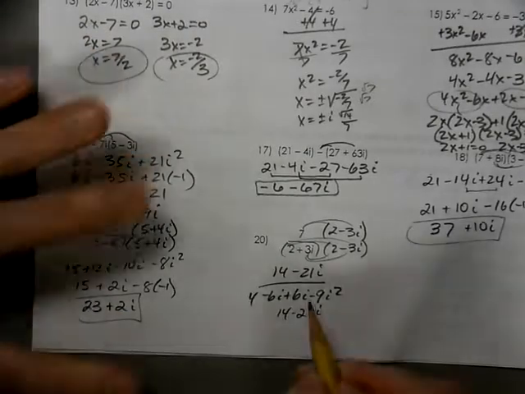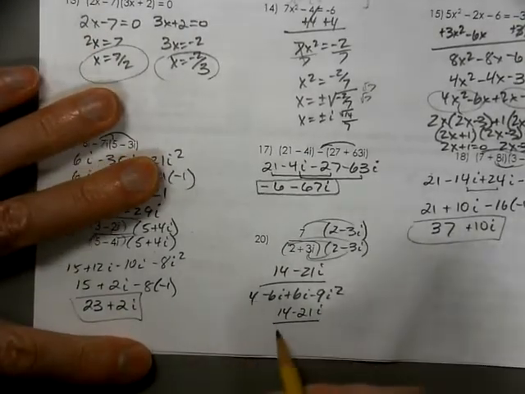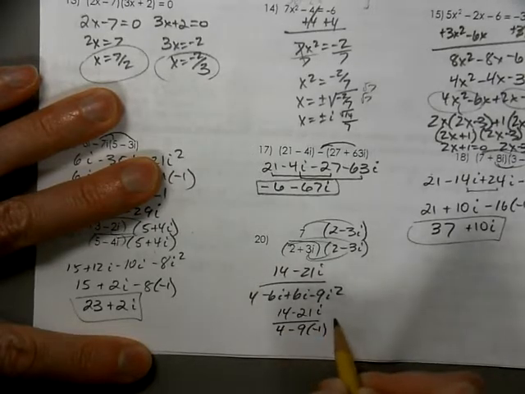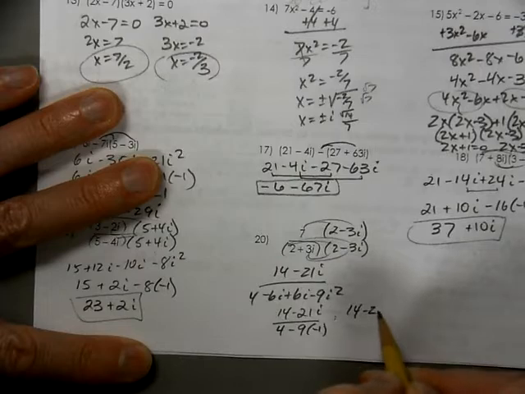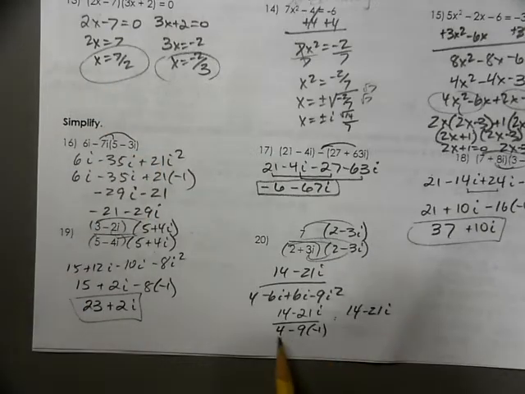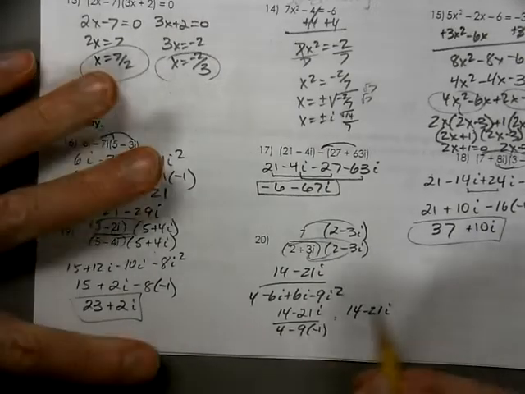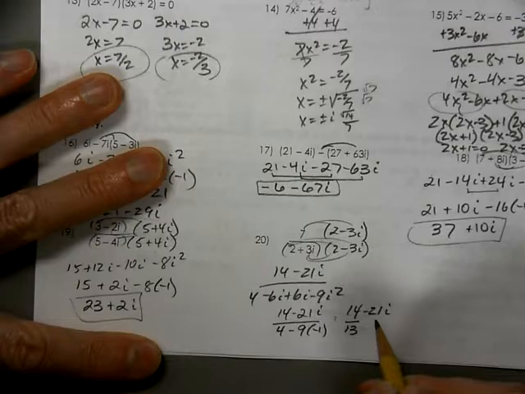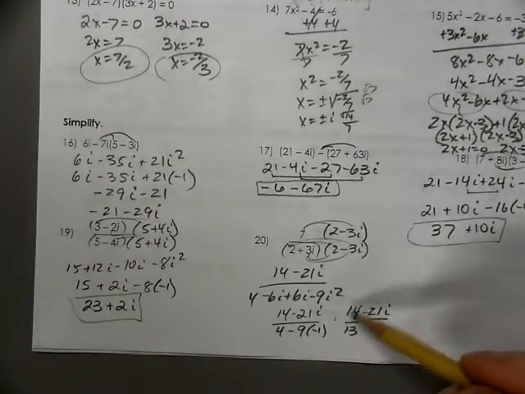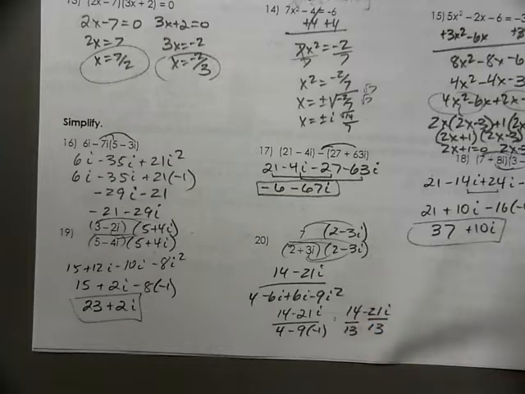So the numerator's staying put, but the bottom's going to be 4 minus 9 times -1. And the denominator here is going to be 4 plus 9, which is 13. We want to break that up into both terms. So we have a real number, which is 14 over 13, and 21 over 13 i.